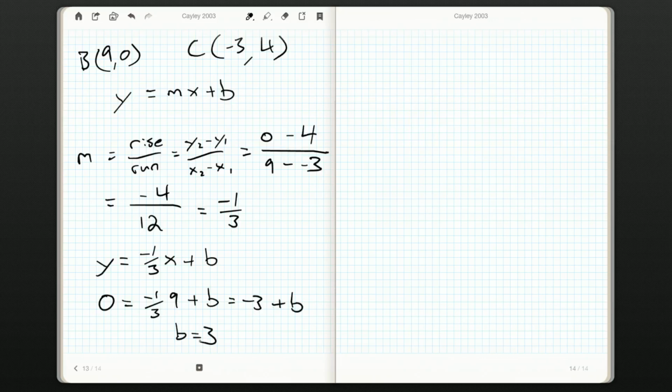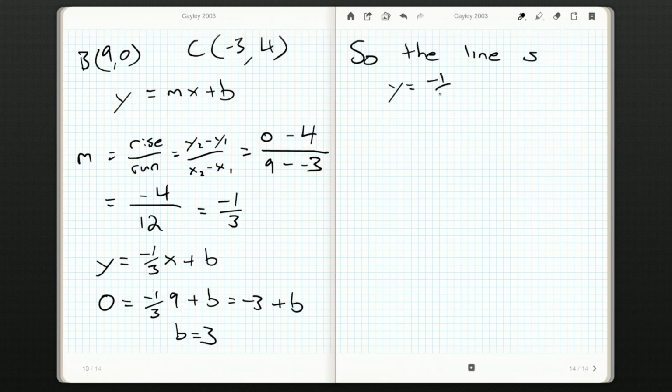Follows pretty quickly, b is 3. So the line that we're working with is y equals negative 1/3 x plus 3. And if we want to, we can even double check. Does that work if I plug in negative 3 for x? The 3's will cancel out, the negatives will cancel out, we'll be left with 1 plus 3 is 4, and you bet that's the y-coordinate of C.